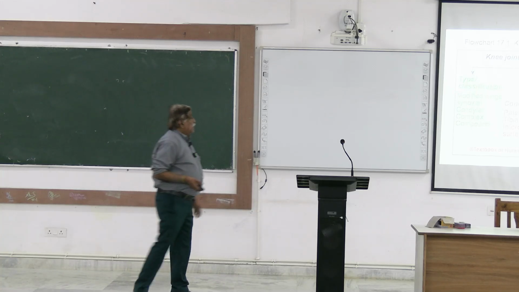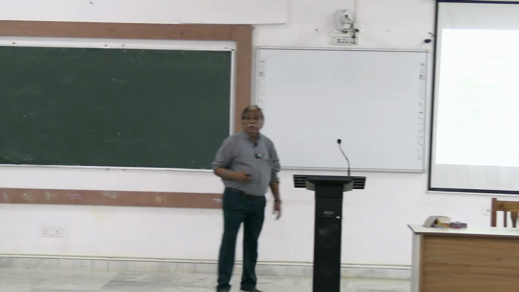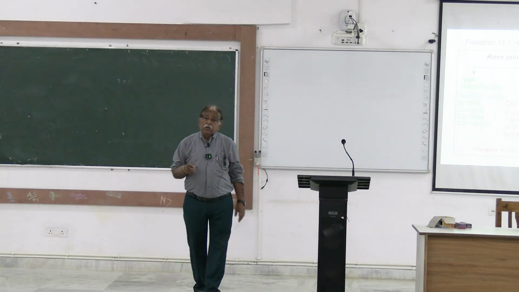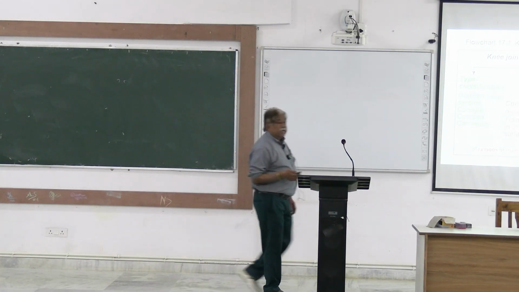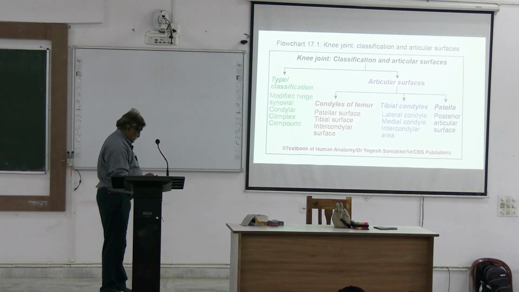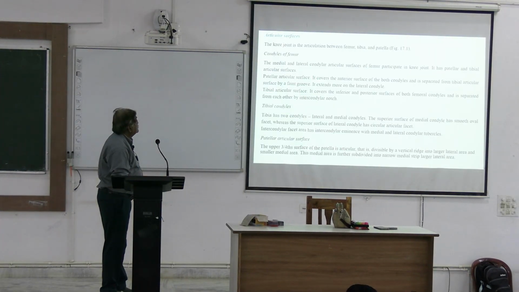Okay. And we have wonderful bones. So please look into it whenever you get your time in your revision. Articular surfaces. A knee joint is the articulation between femur, tibia and patella.